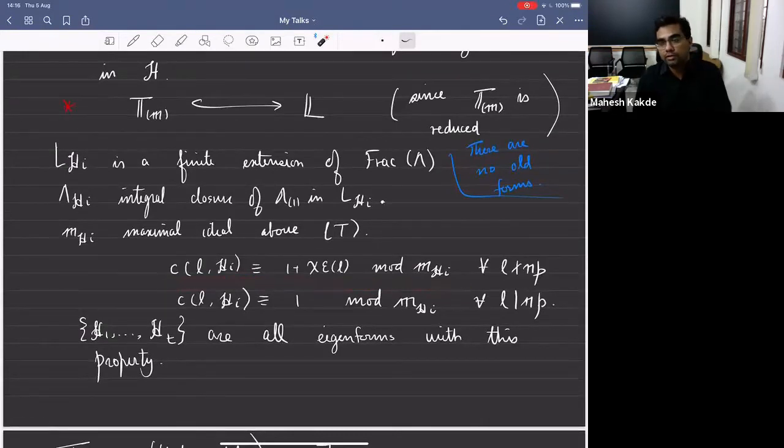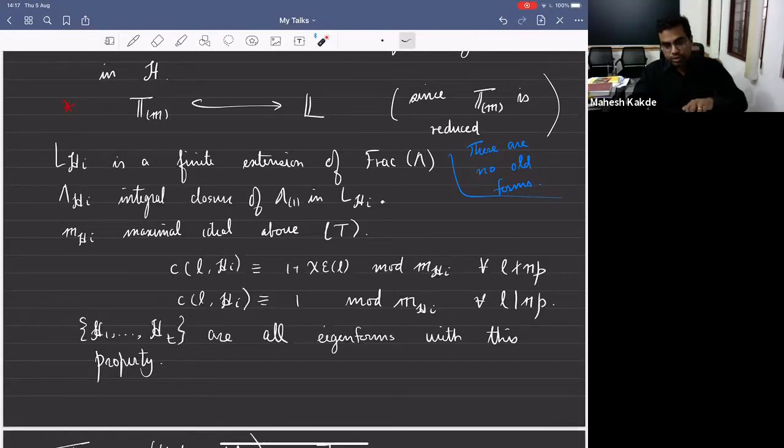You just have to unravel all the definitions and you will see that these two things are satisfied. And not only that, these are all the forms which satisfy these properties. There are no more lambda-adic forms of this particular level which satisfy these properties. So these are all the lambda-adic cuspidal eigenforms of level N which satisfy this property.